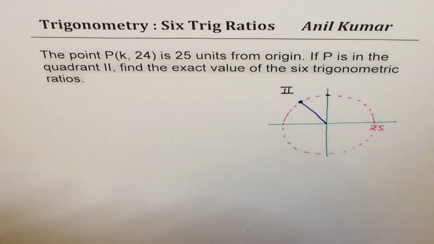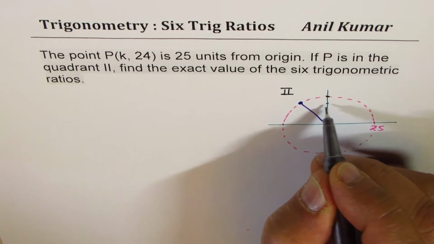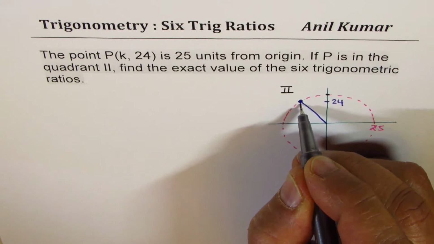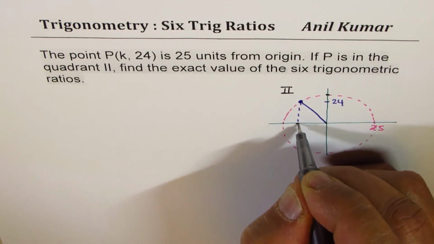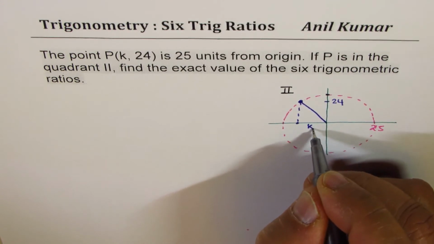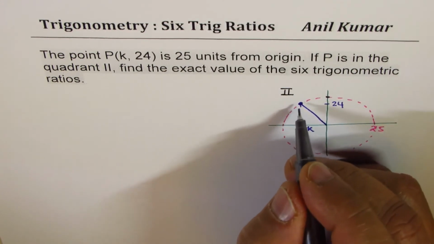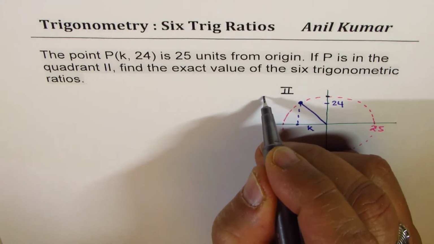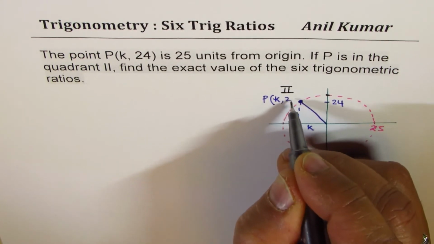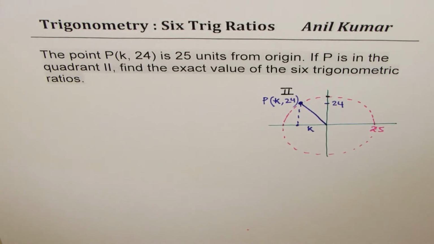Okay, let this be the point, where this is the y value of 24, correct? Now to find the x value, I just have to drop this position and find this value, which is given to us as k. Does that make sense to you? So that is the point P, which we are talking about, (k, 24). So we are in quadrant 2. So I hope the position of the terminal arm is very clear here.